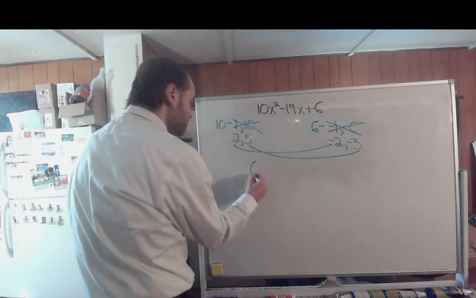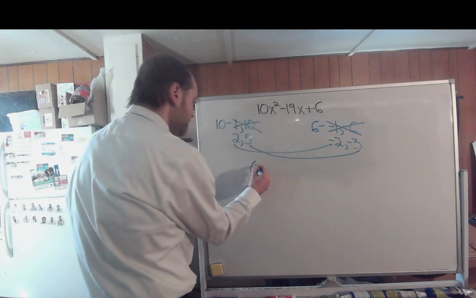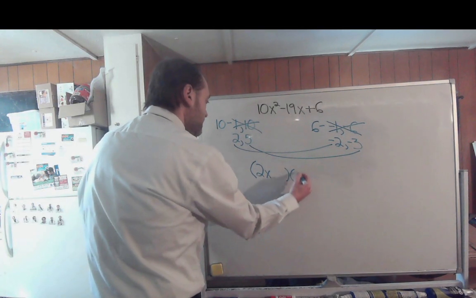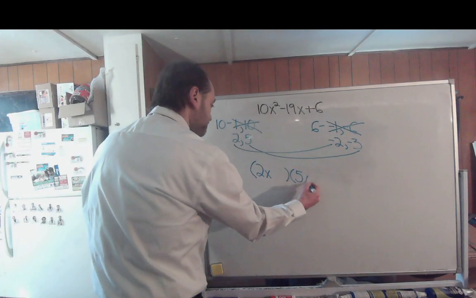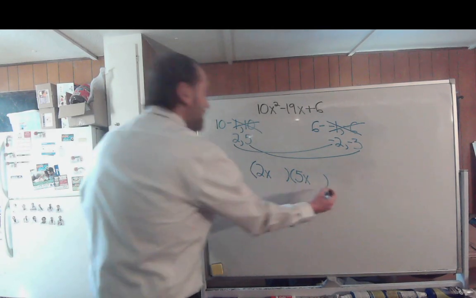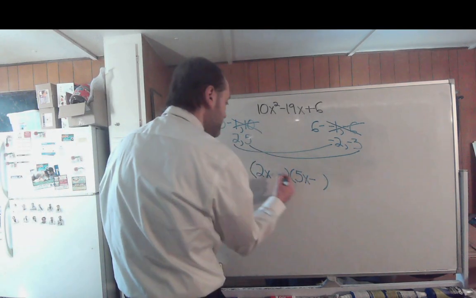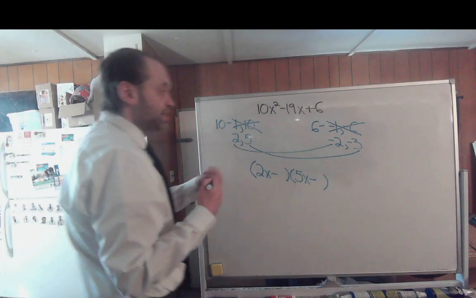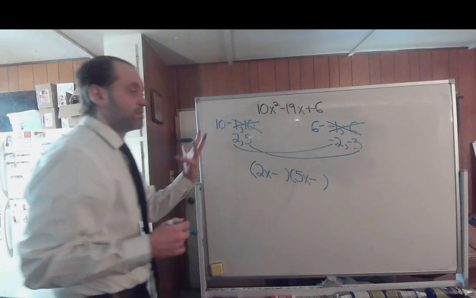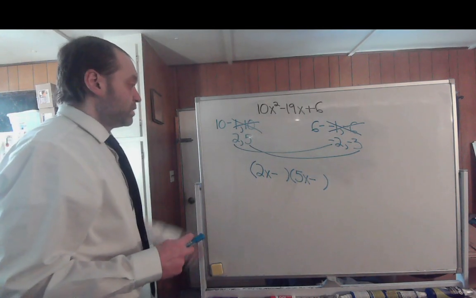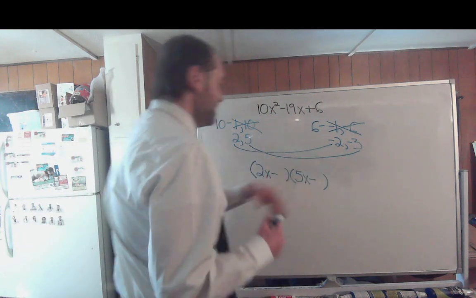This is going to turn into, of course, you'll have your 2x in your first quantity. Second quantity, you'll have 5x. Now, both of these factors are minus, so that'll make your life a lot easier since you had two negative factors of 6. Now, we multiplied 5 by that -3, right?